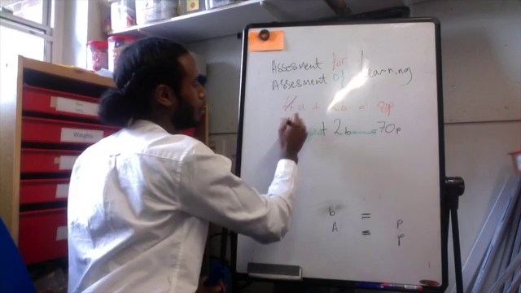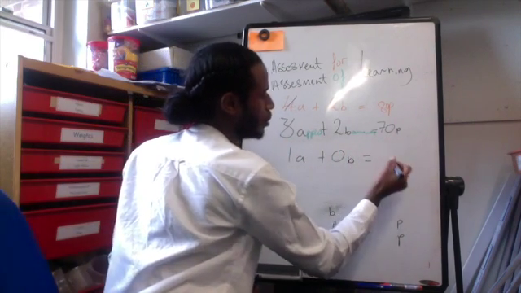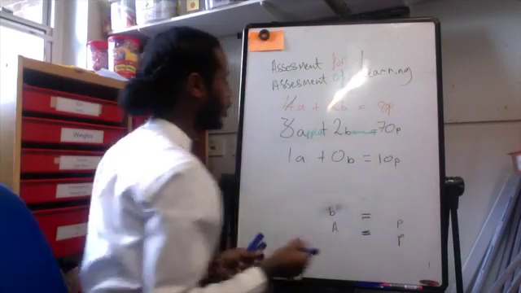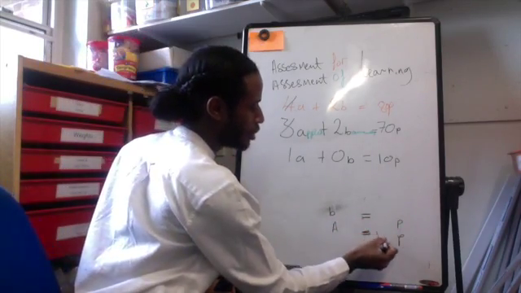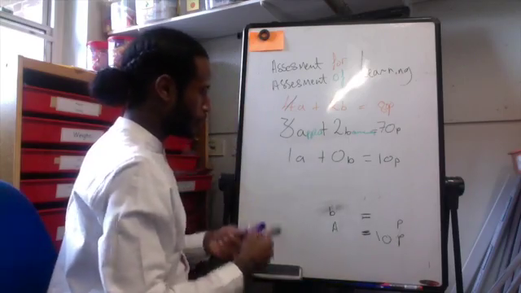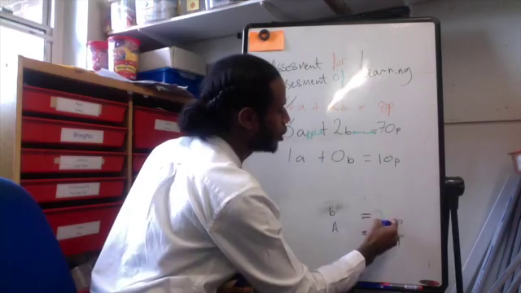So this now becomes 1a plus 0b equals 10p. So therefore I've now got the value of a. A is 10p, and when you plug the values back in, you now know this becomes 20p.